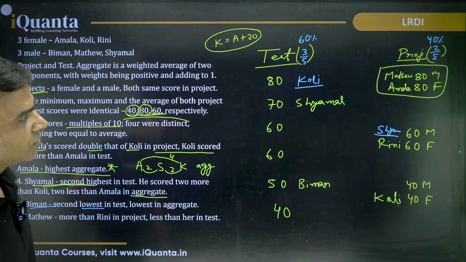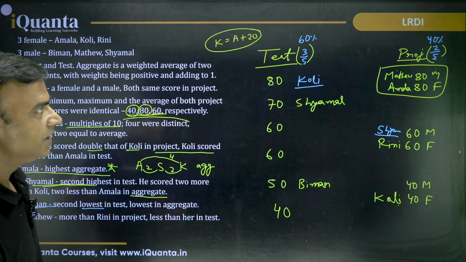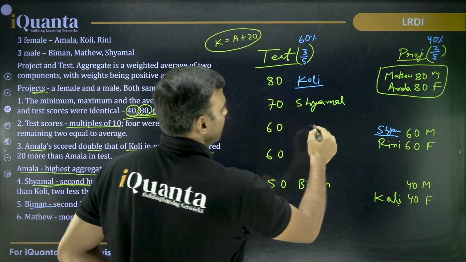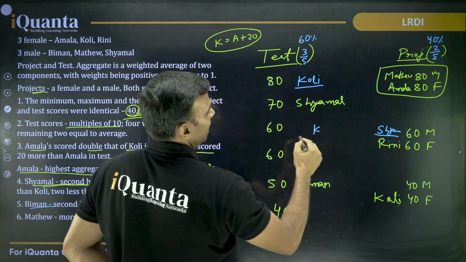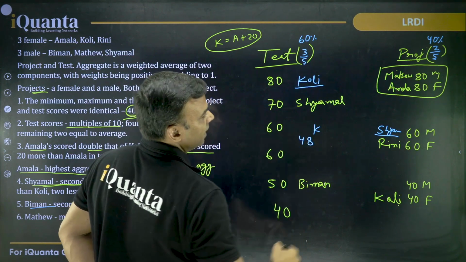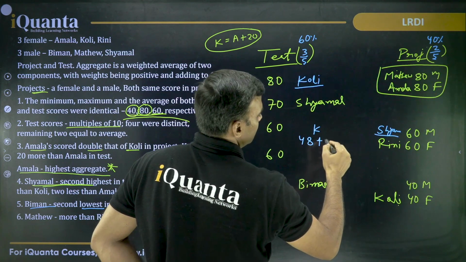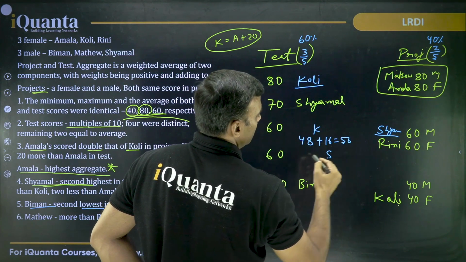Now we have all the scores for Kohli and all the scores for Shamal. We need to calculate the weighted average. So what will be the weighted average of Kohli? 80, 60%, that will be 48. And here 40, 40%, that will be 16. Do we understand that? So it is equal to 64. What about Shamal?